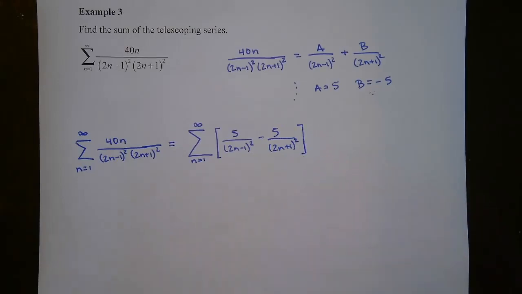Now, to find the sum for this telescoping series, remember some of these are going to cancel out, and we have to come up with a formula for S sub n. So let's start taking a look at what this series gives us.